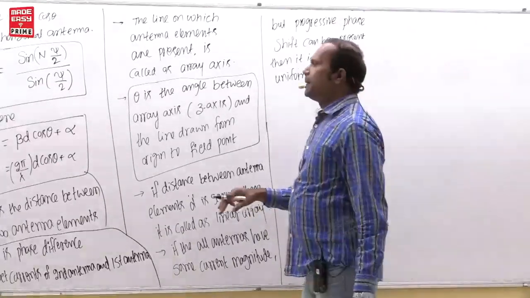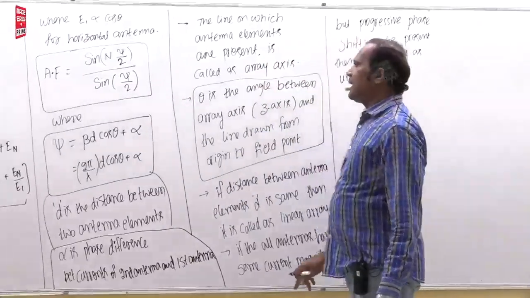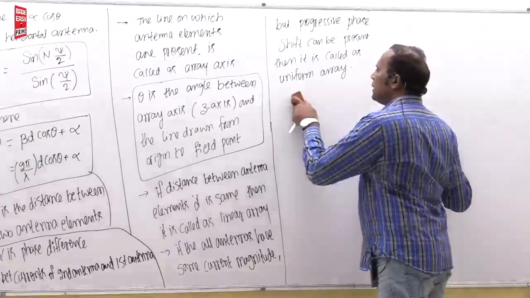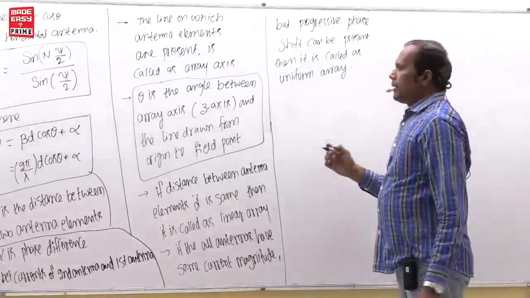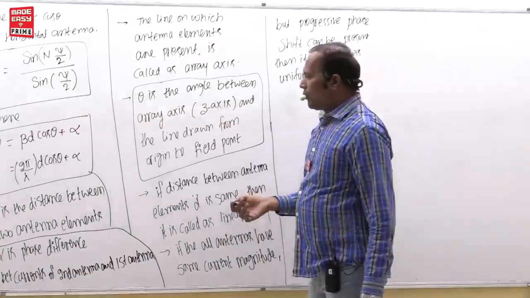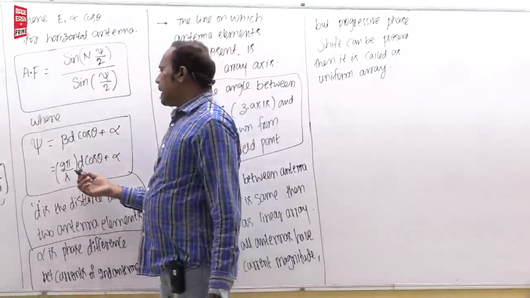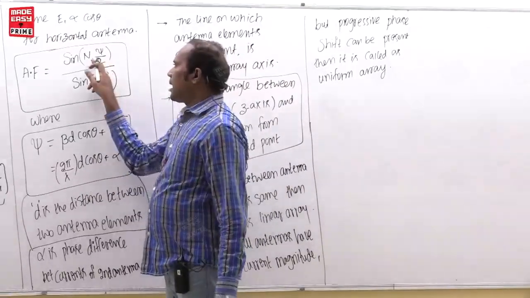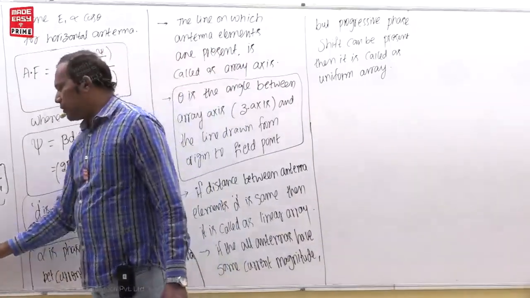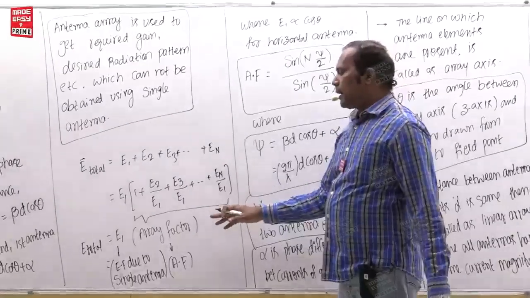For that, actually, array factor is n, where n is number of antenna elements. I will write it here if you want. So dear students, now let us talk of array factor. I told you, if you change alpha, if you change d, if you change n, the array factor value changes, then total electric field changes, then design change can happen.